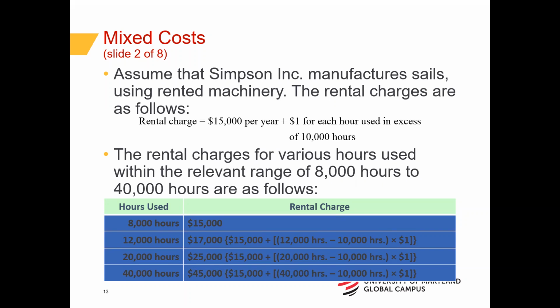If I used 12,000 hours, I would have to pay 17,000. How did we get 17,000? You might be asking. Well, we have the base rate of 15,000 plus the overage. What's the overage? Well, we want 2,000 hours over the base. The base is 10,000. So 2,000 hours at $1 per hour. That gets us to $2,000.